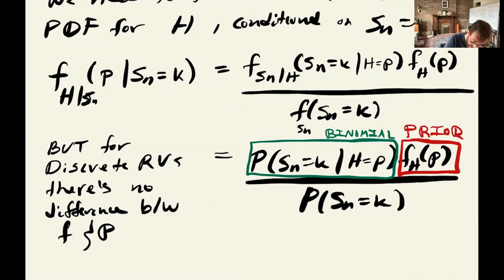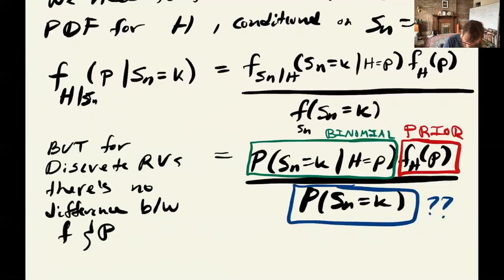And so now we're just left with figuring out what the heck is this? Because remember, this is the probability that Sn equals k aggregated over all possibilities for what the probability of a heads is. So we have to basically use the continuous version of the law of total probability.